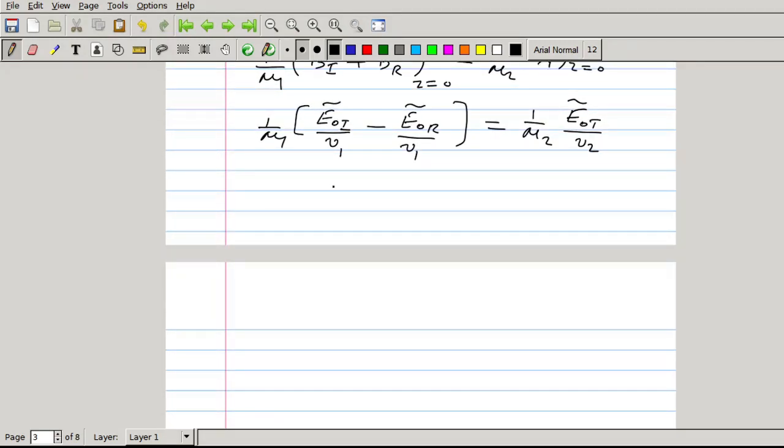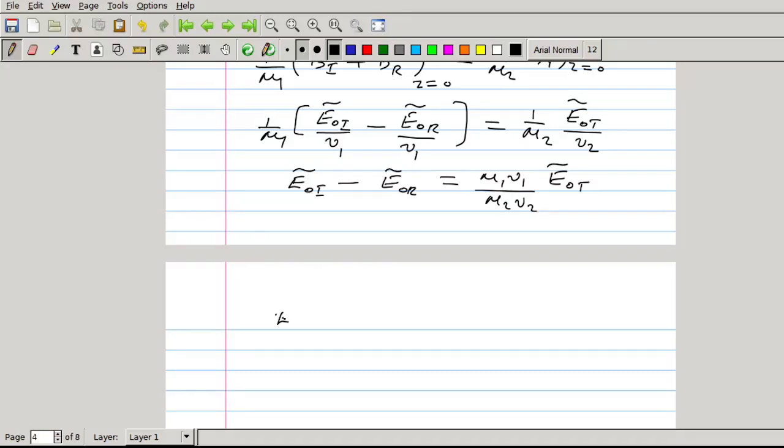So we can write E0I minus E0R. Taking V1 common, the mu1 V1 is taken to the right hand side. So this is mu1 V1 by mu2 V2 times E0T. Let us substitute mu1 V1 by mu2 V2 as beta.